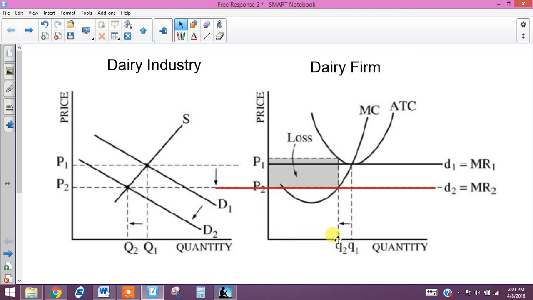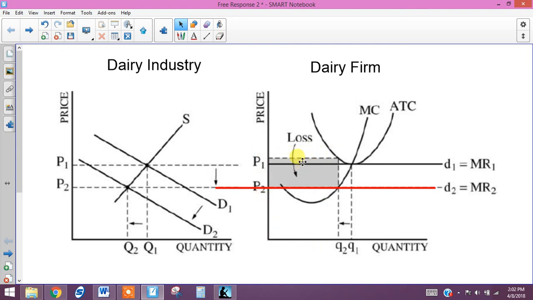This is your total cost right here. And this is your total revenue right here, price times quantity, right? Total cost is average cost right here times quantity, right?